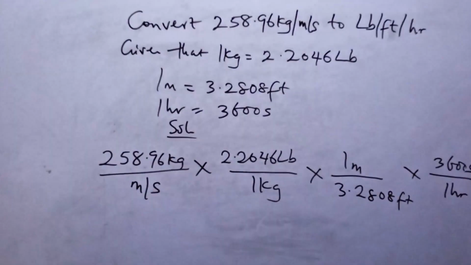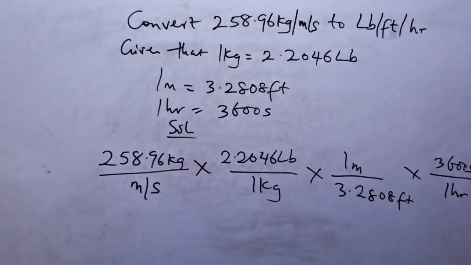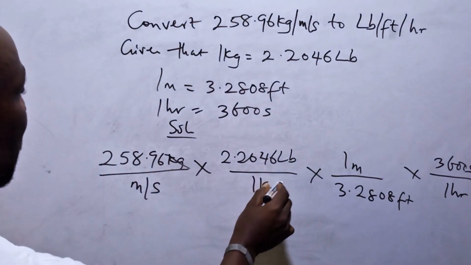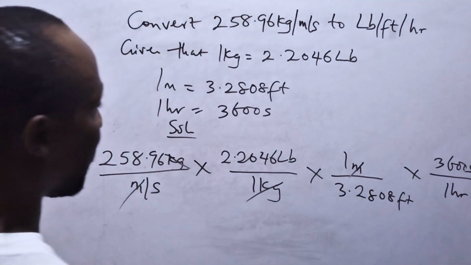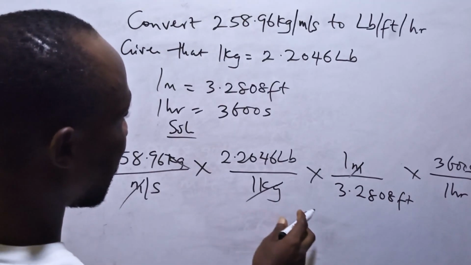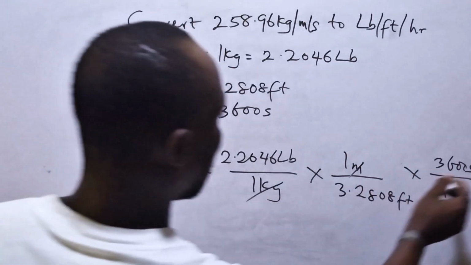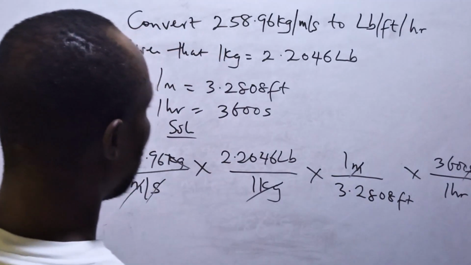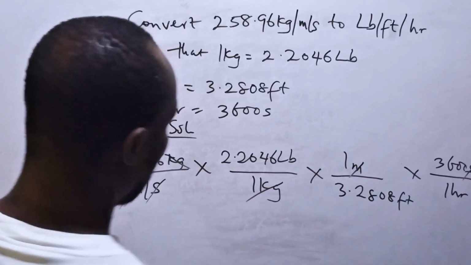Now this is half solved. If you have gotten it up to this extent, you are as good as having gotten 90%. Now kilogram will cancel out kilogram, meter will cancel out meter, and seconds will cancel out seconds, leaving pounds per feet per hour.